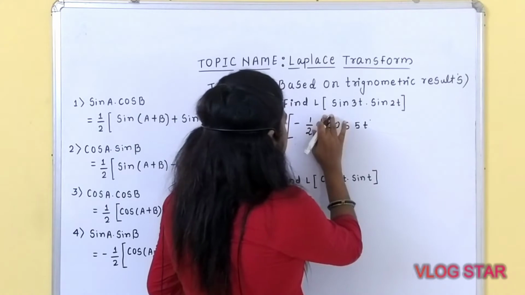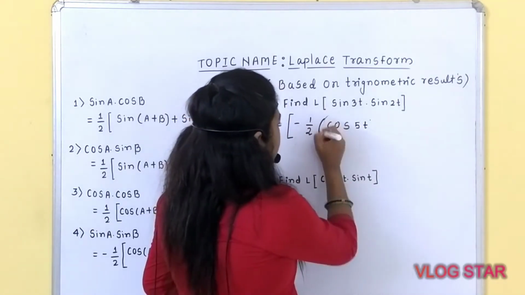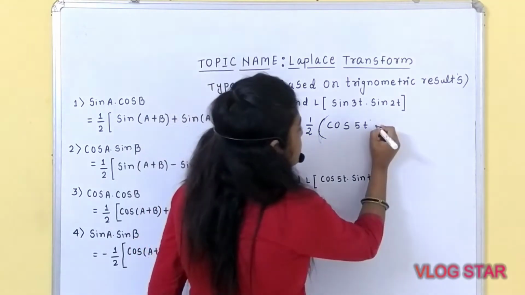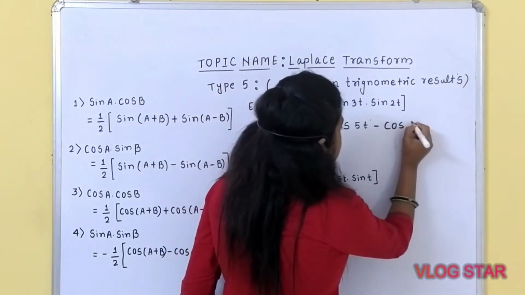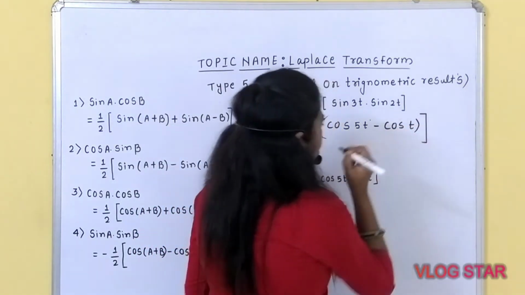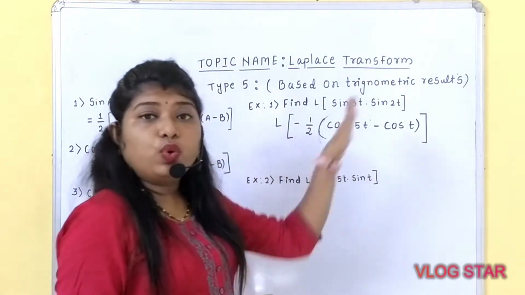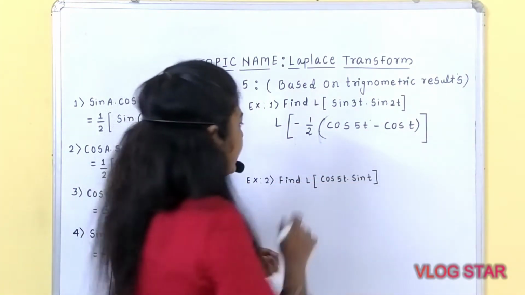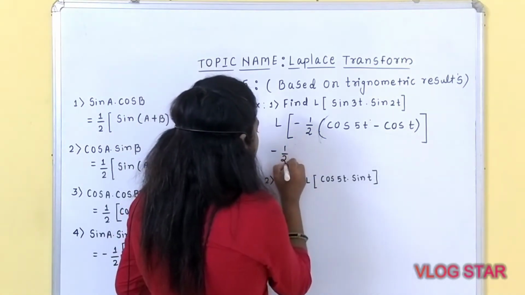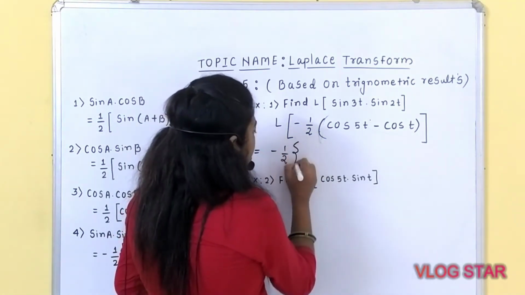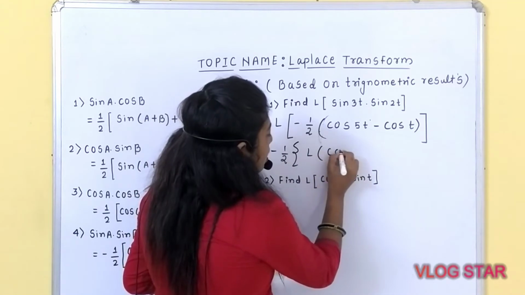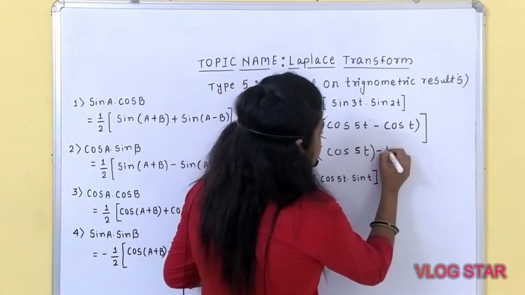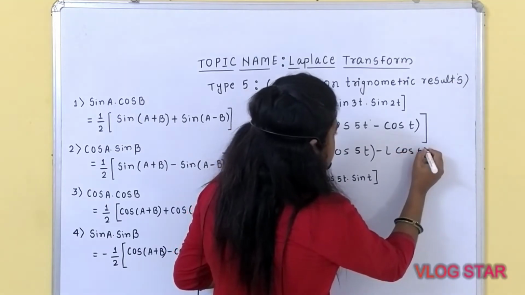Similarly, if I consider cos of A minus B, so minus cos t. I hope you have understood how to apply the formula. Now you can separate out the terms. We can take minus 1 upon 2 outside the bracket. What is there inside? Laplace of cos 5t minus Laplace of cos t.